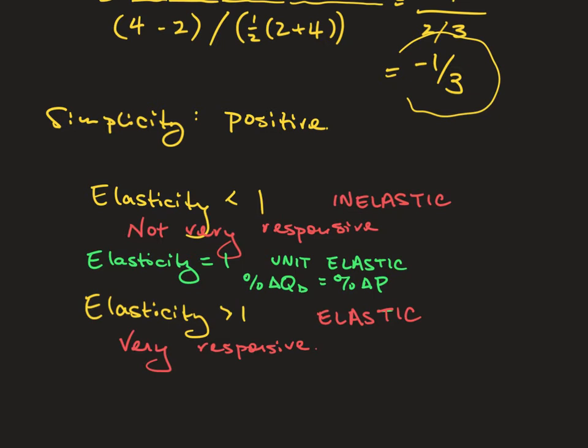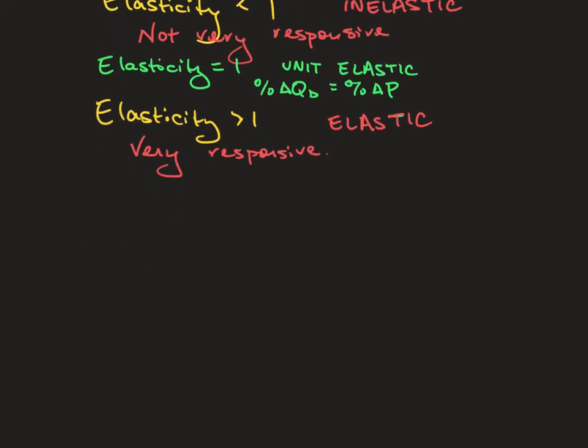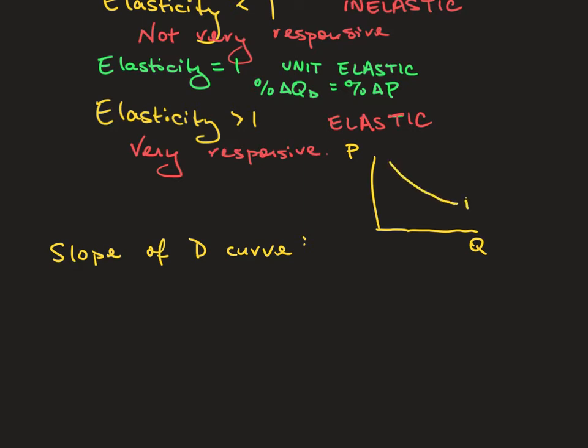Remember the slope of the demand curve, actually I should do that graph. We have price on the vertical axis, quantity on the horizontal axis. The demand curve slopes down.